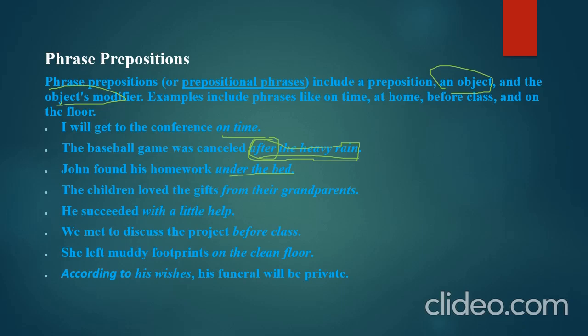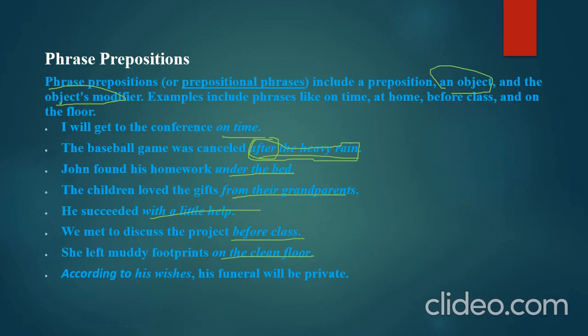The children loved the gifts from their grandparents. So from their grandparents is a phrase preposition. He succeeded with a little help. We met to discuss the project before class. She left muddy footprints on the clean floor.